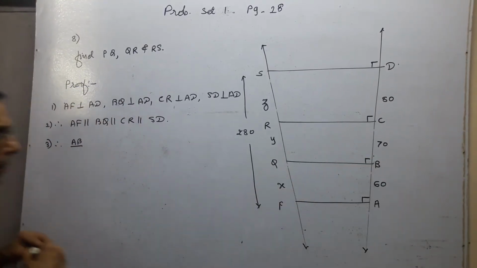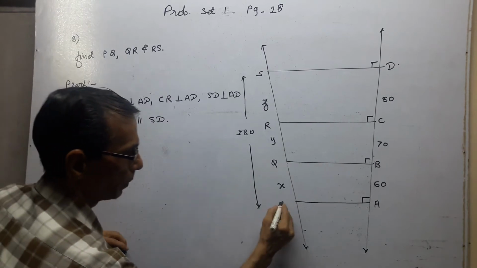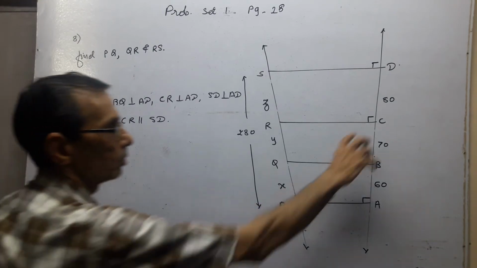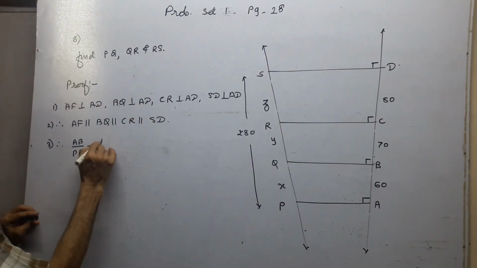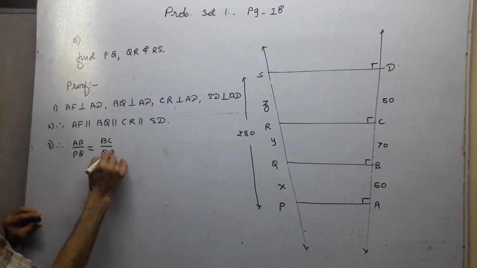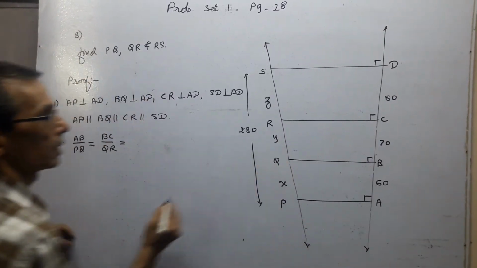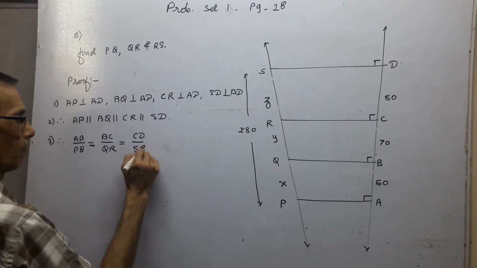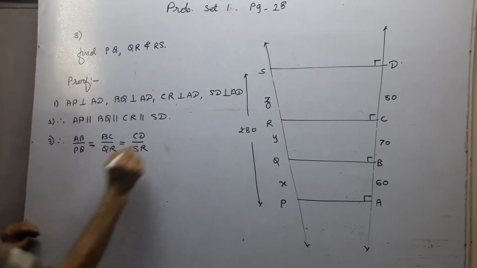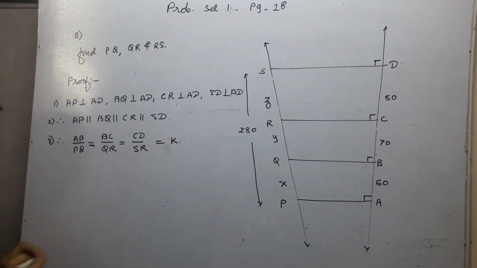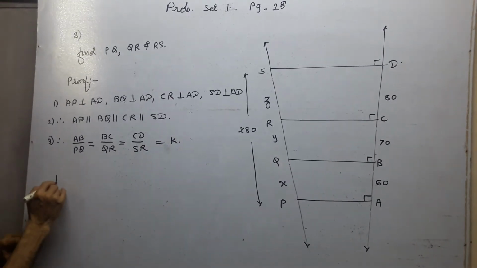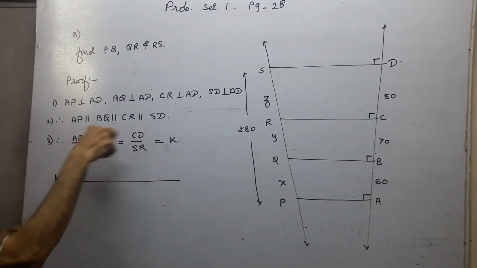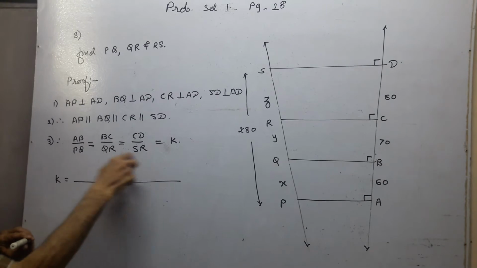AB upon PQ is equal to BC upon QR, equal to CD upon SR, equal to K, suppose K. Then by the equal ratio theorem, we know that if we take the sum of these three in the numerator, then we have to take the sum of these three in the denominator.